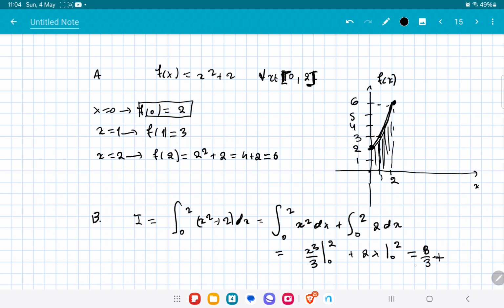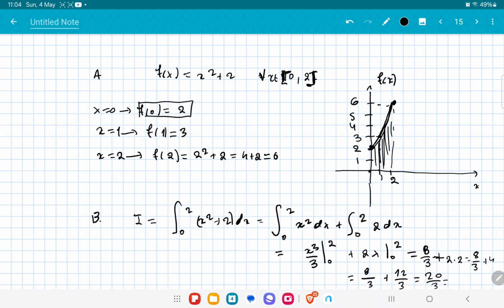And 0 to the power of 3 is 0, of course, so the other term is going to vanish. Plus, I have 2 times 2 minus 0, so it's going to be 4. So it's 8 over 3 plus 4, which is 8 over 3 plus 12 over 3, going to be 20 over 3.